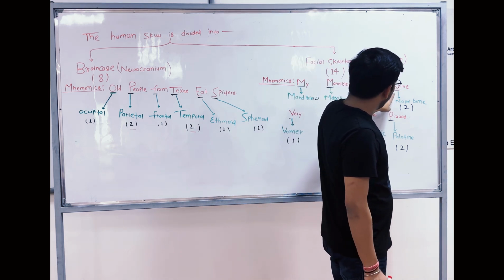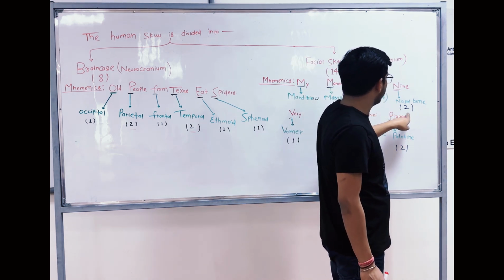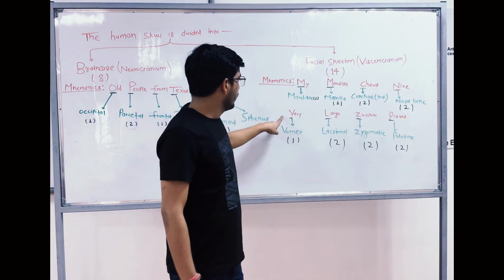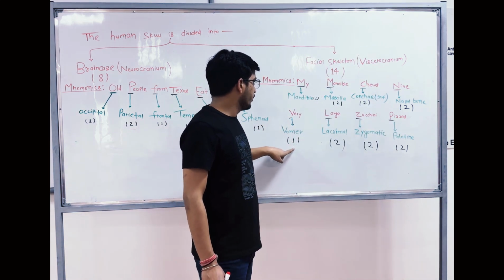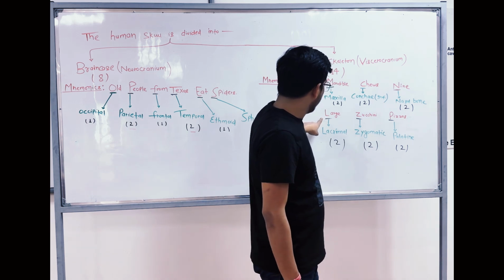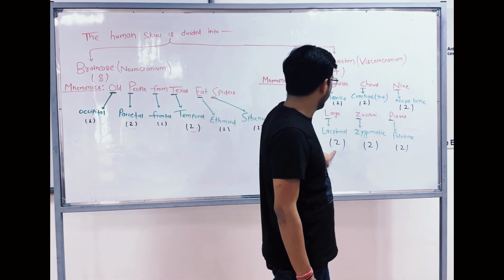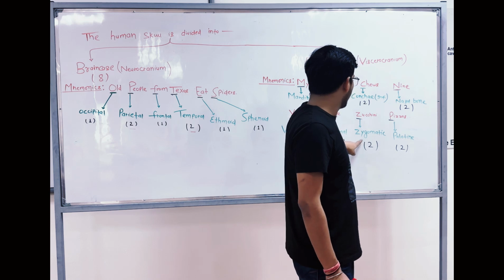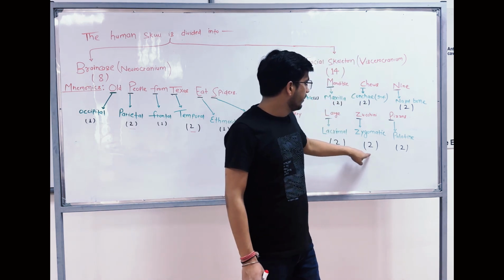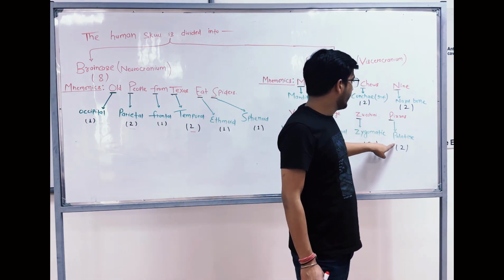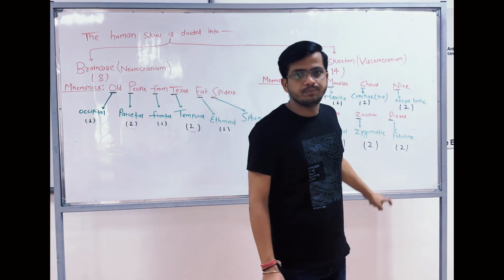N stands for nasal bone, paired. V stands for vomer bone, unpaired. L stands for lacrimal bone, paired. Z stands for zygomatic bone, paired. P stands for palatine bone, paired.